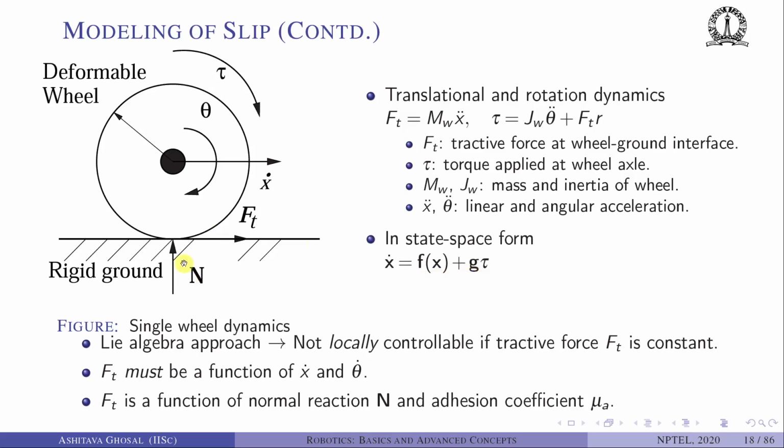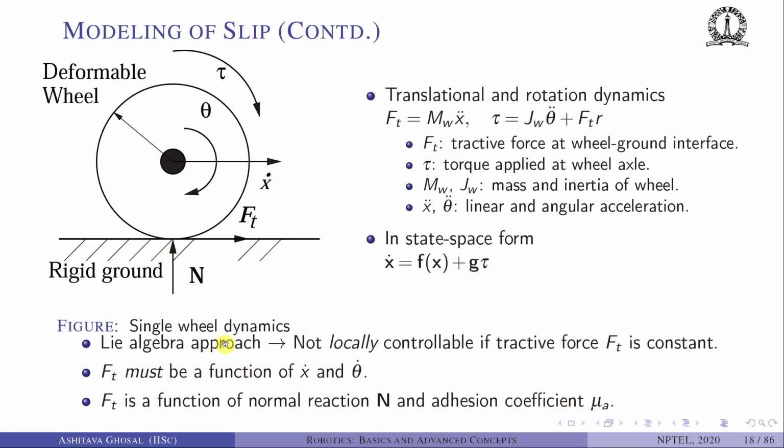What else is happening? There is a ground reaction. So as you can see, this tractive force must be related to the ground reaction. So it will be some coefficient of friction or adhesion coefficient times N, or a function of N and this coefficient of friction.